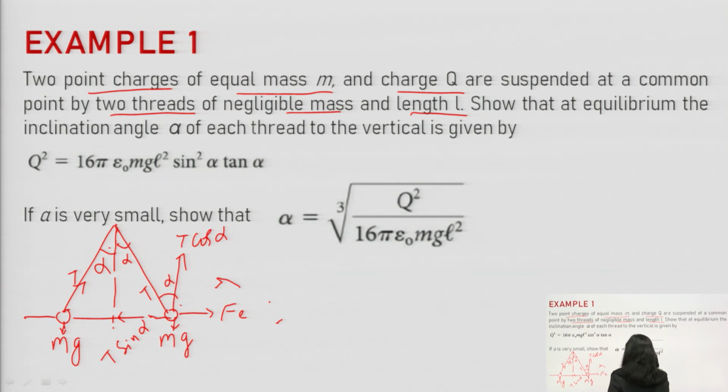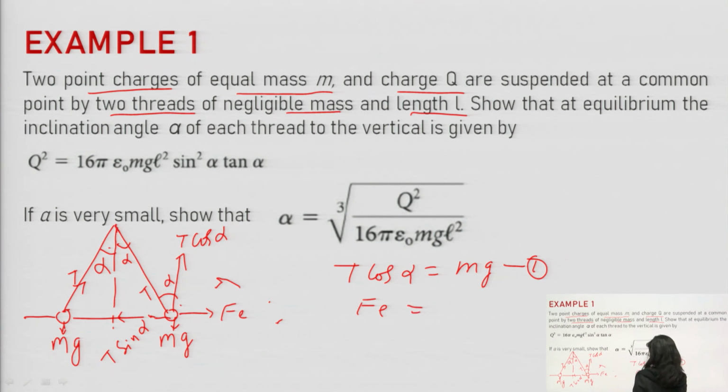So here the equations are: T cos alpha is equal to mg, this is one equation. Another equation is Fe is equal to T sin alpha.